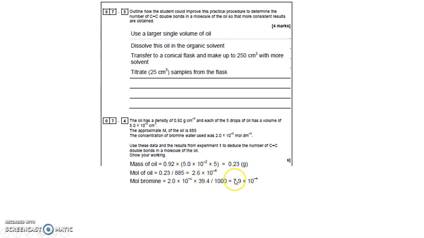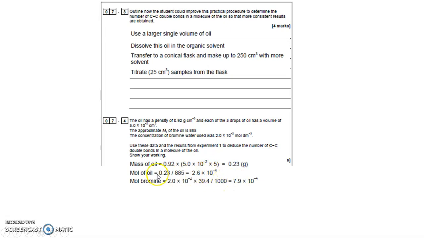That's not 1 and 1. If that were the same amount in a 1-to-1 ratio, there'd be 1 carbon-to-carbon double bond. But it looks like I'm needing a lot more bromine water, 7.9 times 10 to the minus 4, compared to 2.6 times 10 to the minus 4.